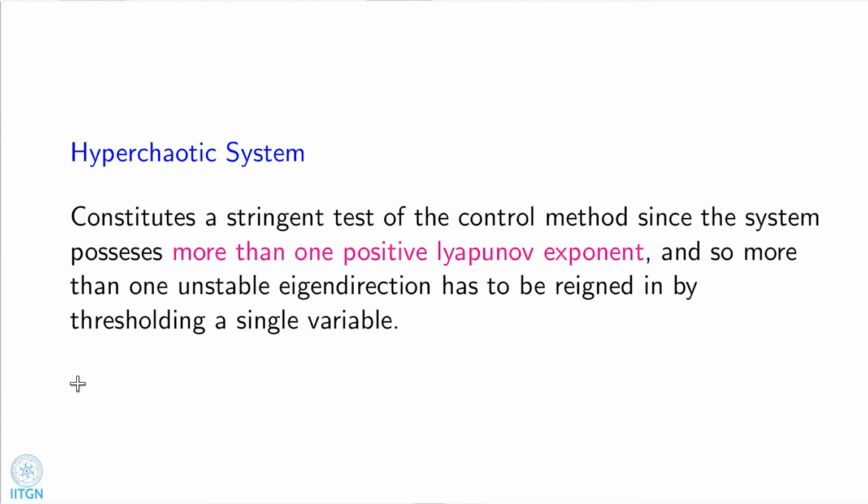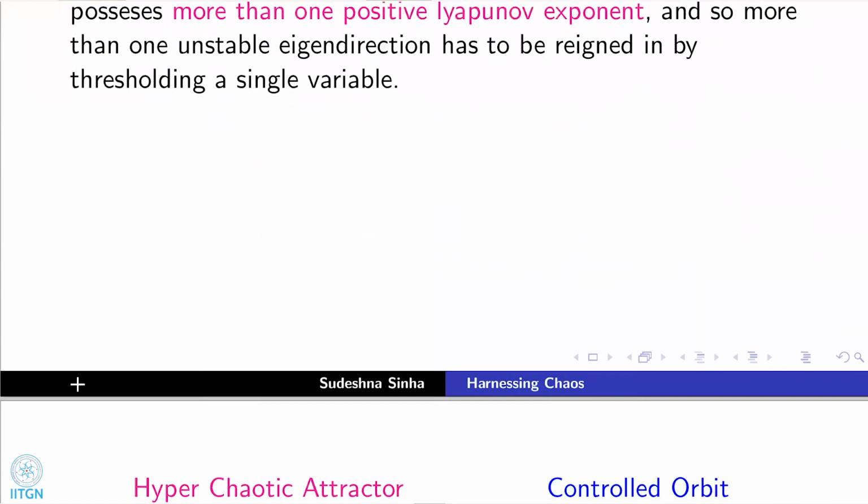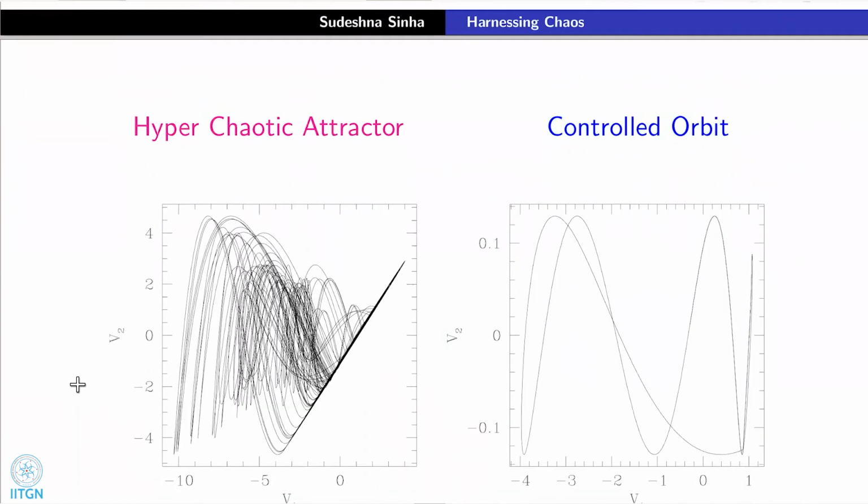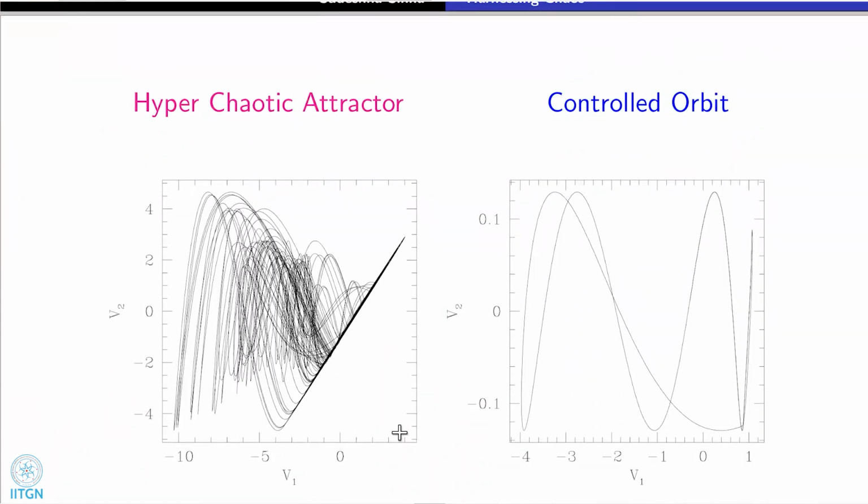Because you feel it has these two directions in which it is running away. Is it enough to bring it back in one? Honestly, whichever way the answer would have swung, I would have tried to argue. But the way it worked was that it controlled beautifully.